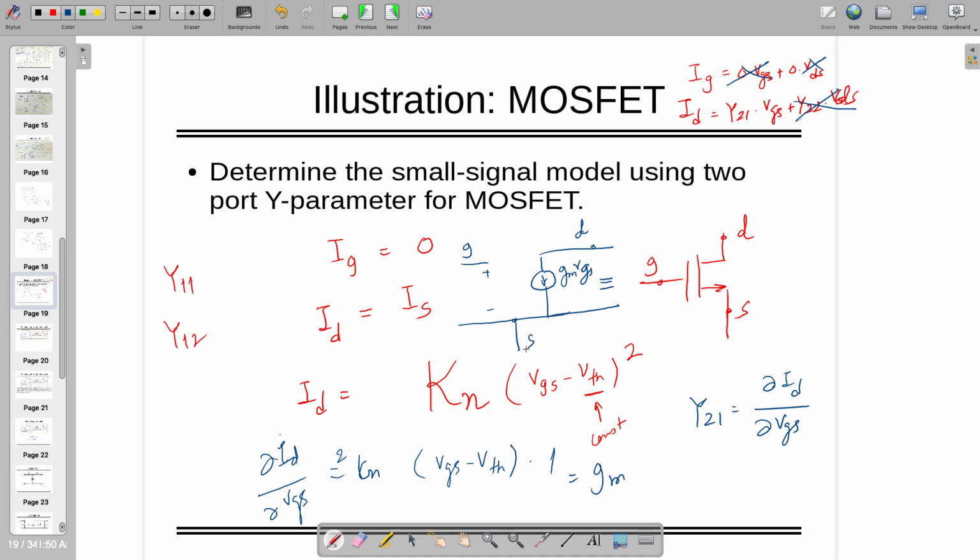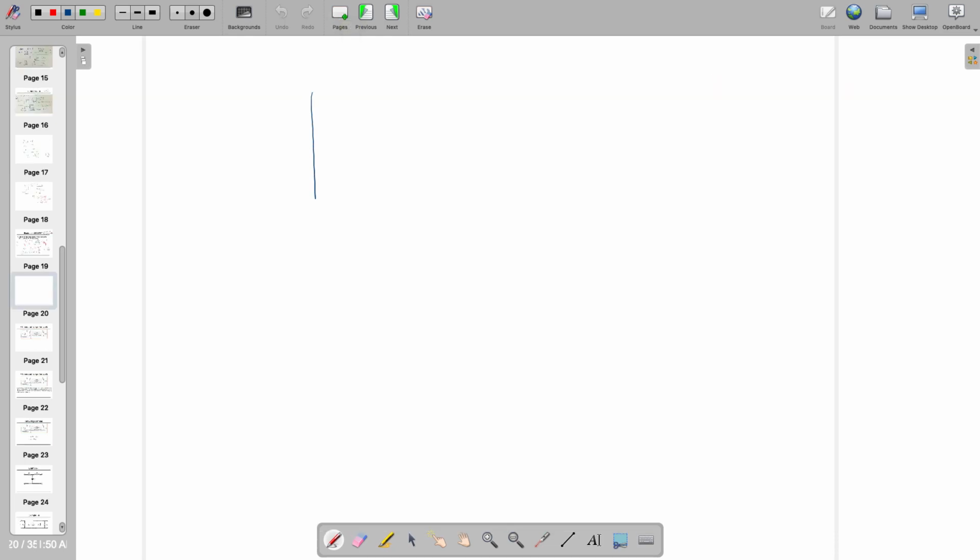Just for completeness, if you want to know why gate current is 0, it depends on one fact. Do you know the band bending diagram? You heard about this? Valence band, conduction band. In your school, you must have seen energy bands, the energy band diagram. At a higher level people call it the band bending diagram because the energy band is getting bent. Right?